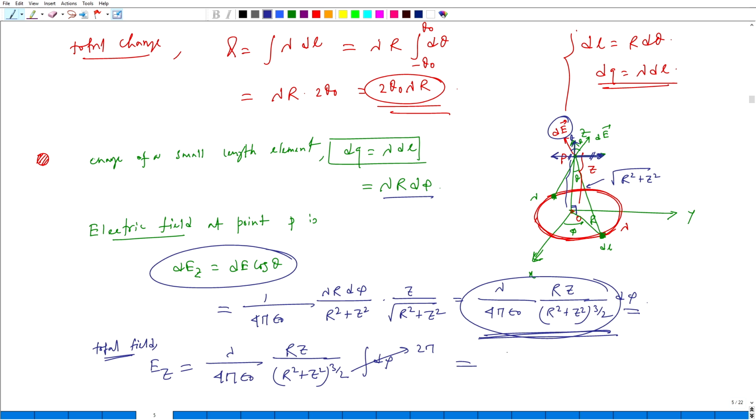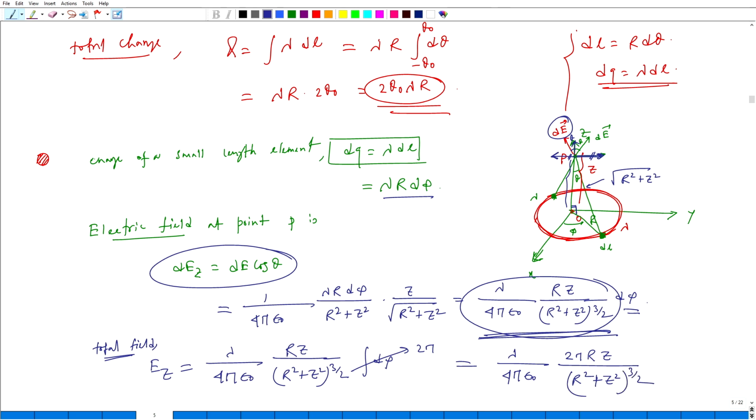So this one becomes lambda times 2 pi r z over 4 pi epsilon naught times r square plus z square, the whole to the power 3 by 2.